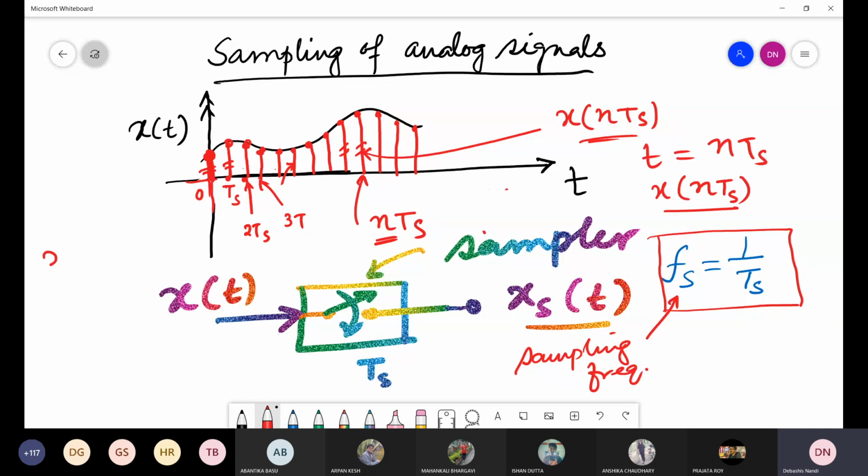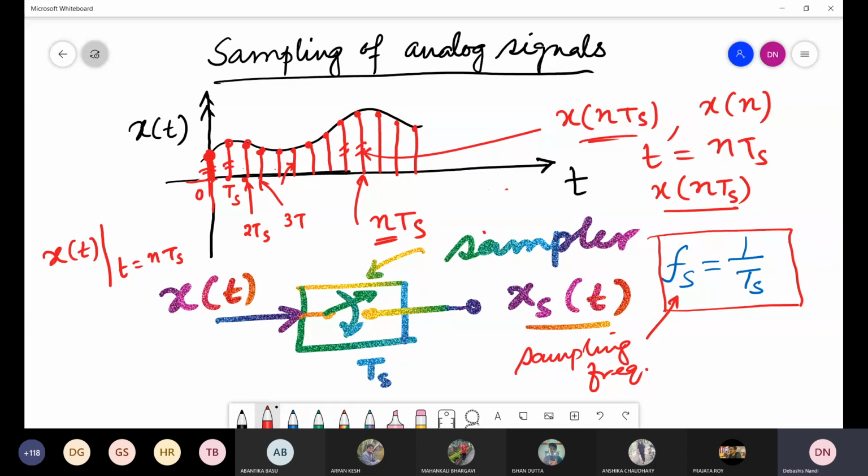So sometimes it is written in this form, X(T) provided that T is equal to NTS. Sometimes this sample value is written as X[N] only, just by removing the TS, because the sampling period TS is a constant term.